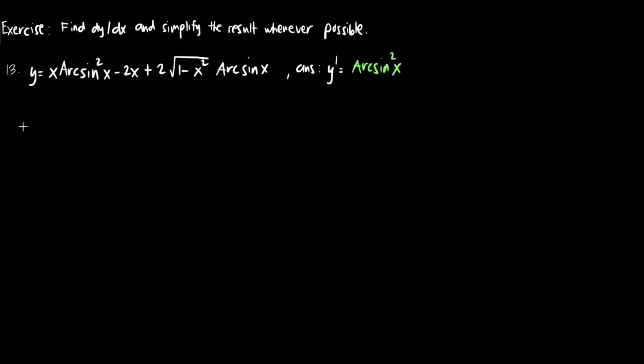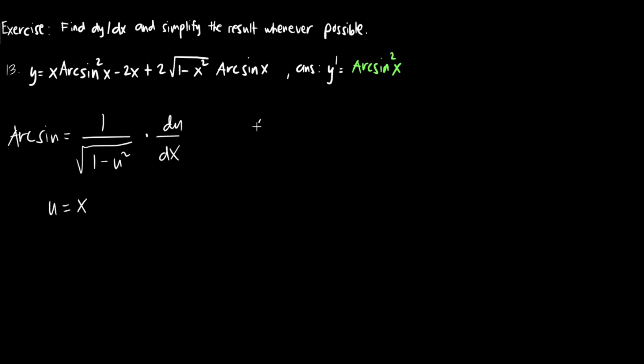So we know that the derivative of arcsine u is just equal to 1 all over square root of 1 minus u squared times du over dx, and our u here is just equal to x.